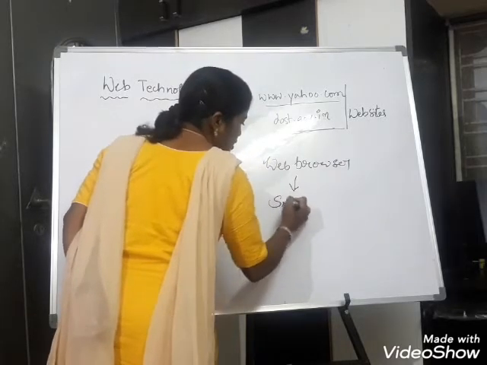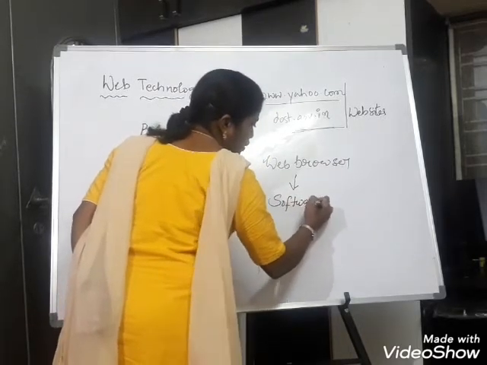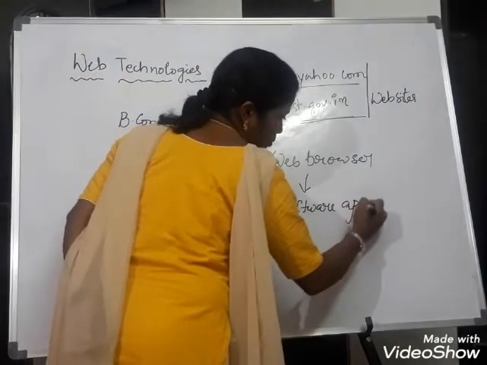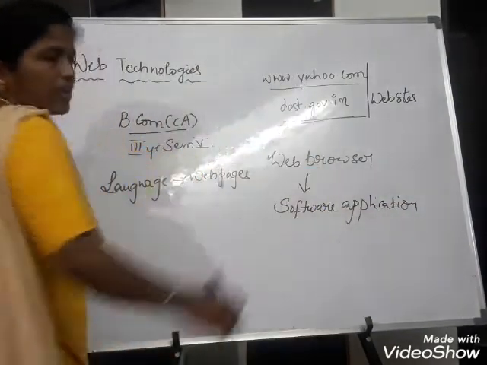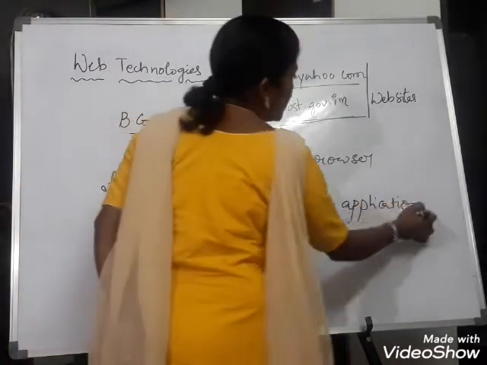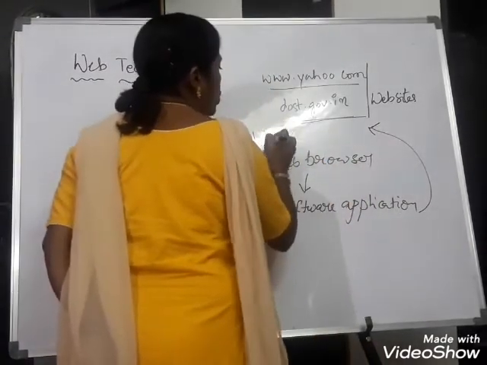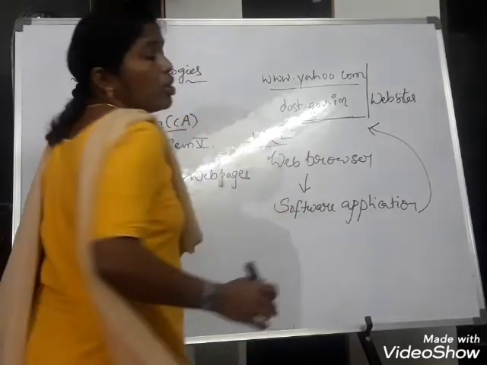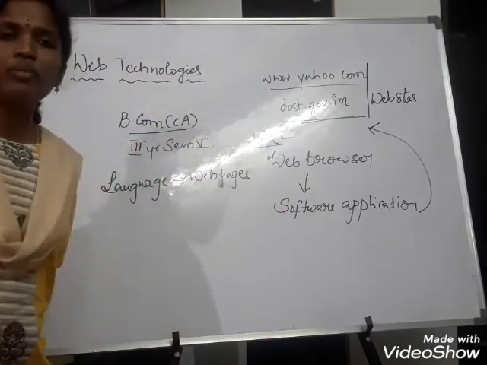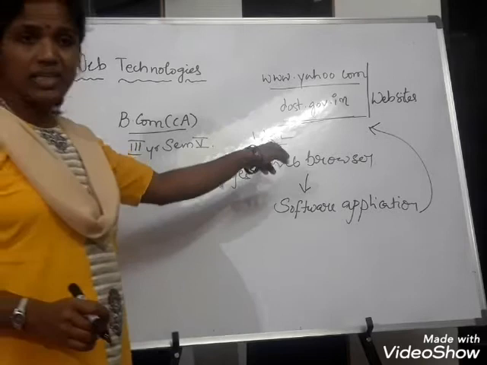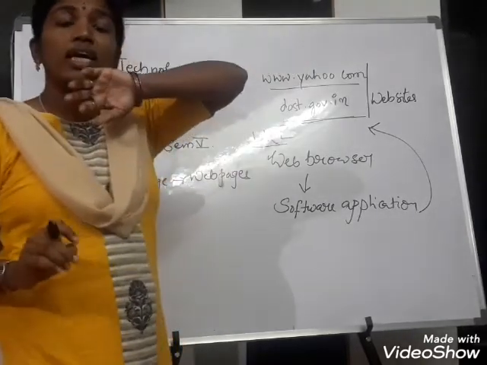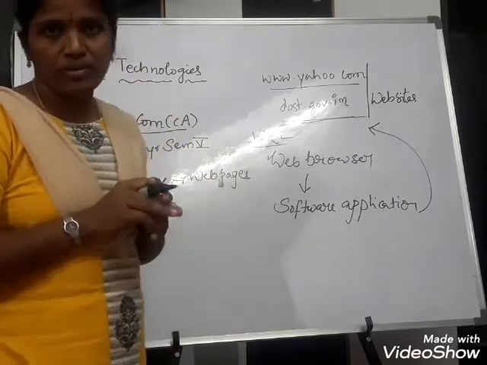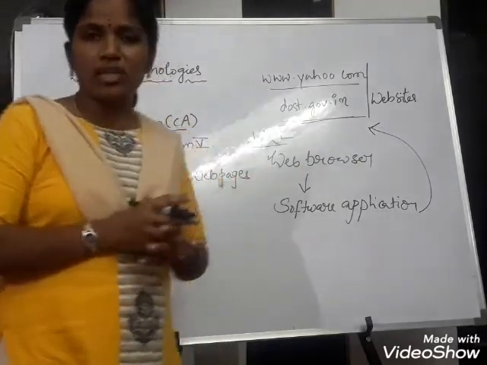So what is this? This is a software application. Using this software application, you are providing a URL, Uniform Resource Locator. It is an address. With this address, you are accessing your information, which is nothing but a website.